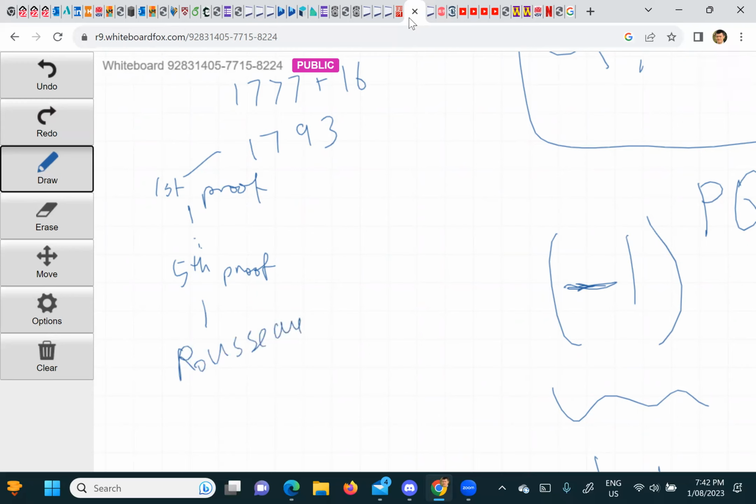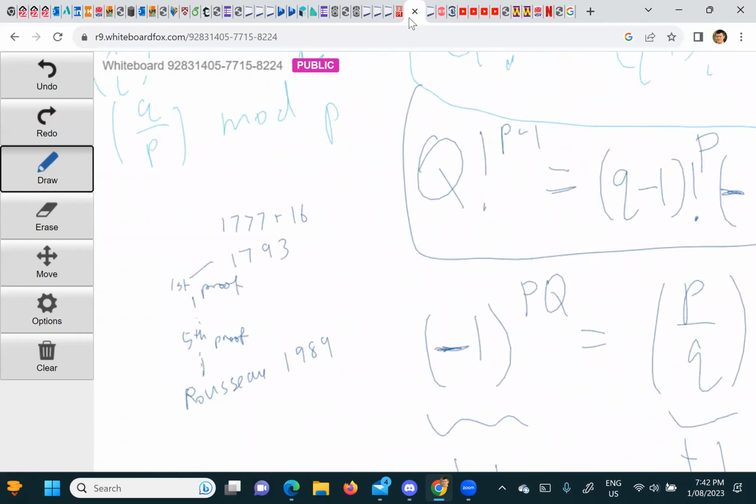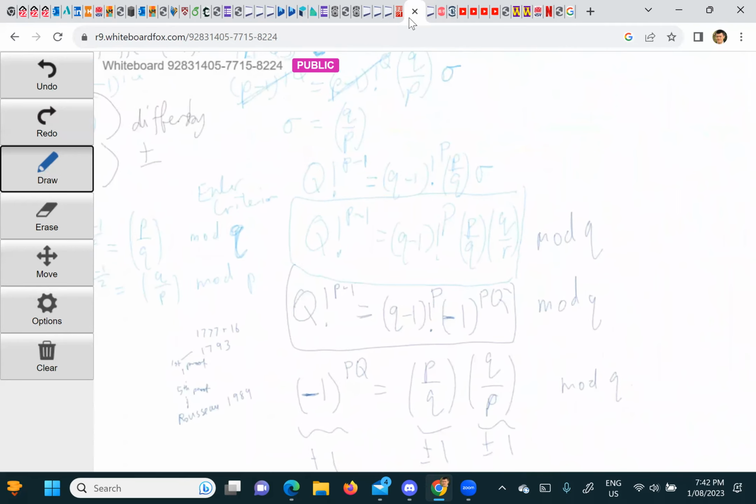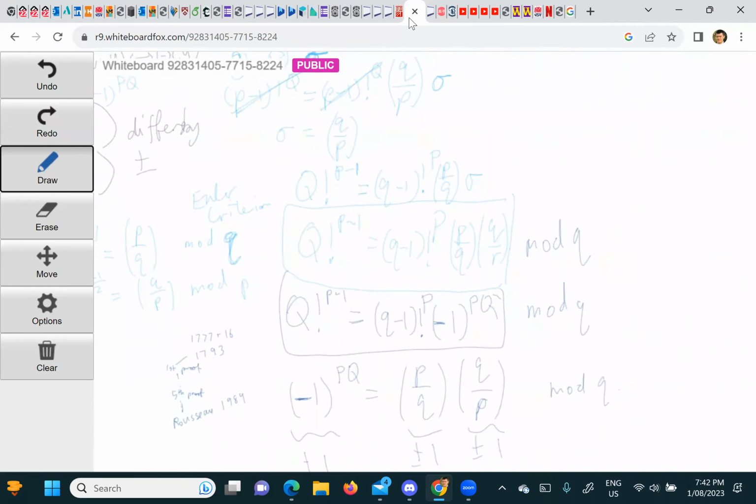He published in the Australian Journal of Maths, let's say 1989. It only got published in 91, so it kind of got changed so much by 1989. That's what one of the proofs looks like.